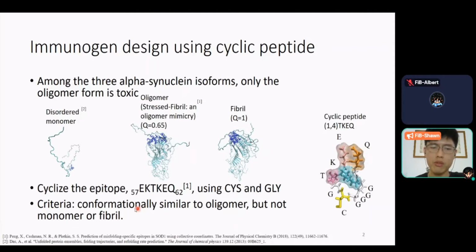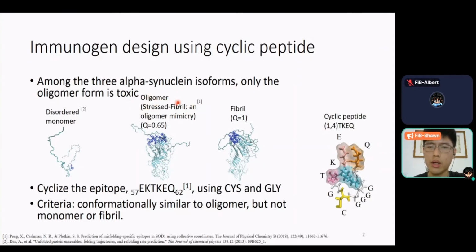To compare this conformational similarity, we generate the conformational ensemble for each of the 4 species. Our lab has developed an algorithm to produce a disordered monomer ensemble. This is done by random pivoting of phi-psi angles. For the oligomer, we also have a previously published paper on how to generate an oligomer-like ensemble.